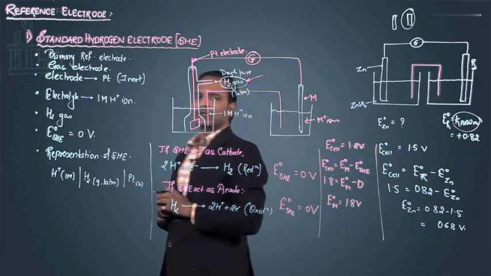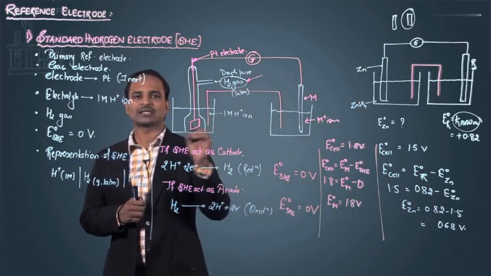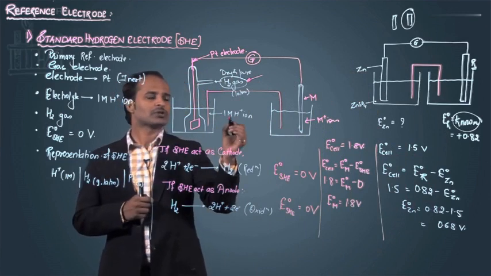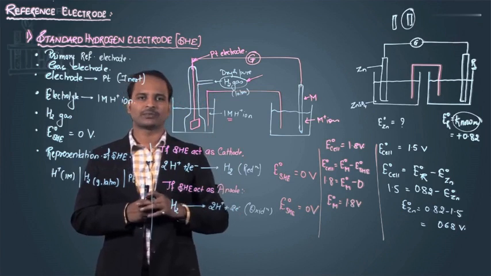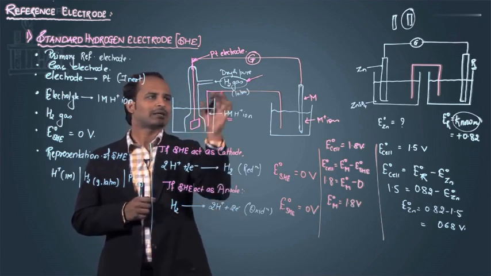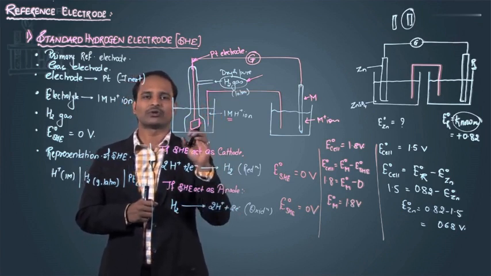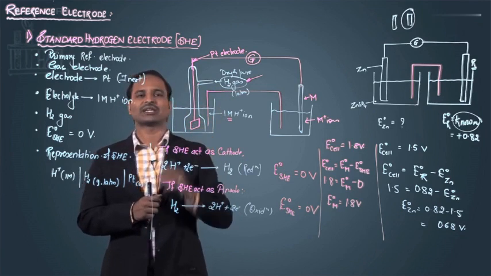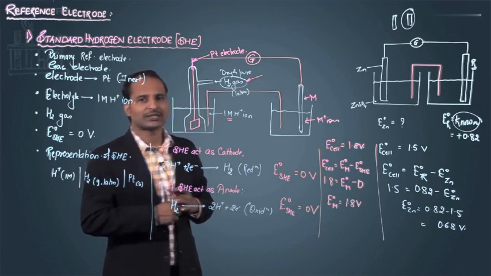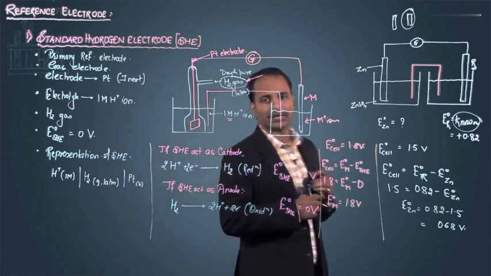Then here we are continuously passing hydrogen gas inside the solution. The solution concentration is to be maintained at 1 molar. When dry hydrogen gas is added, the hydrogen gas starts absorbing some water molecules, that is, it absorbs the solvent, due to which evaporation takes place and the solvent quantity goes on decreasing.